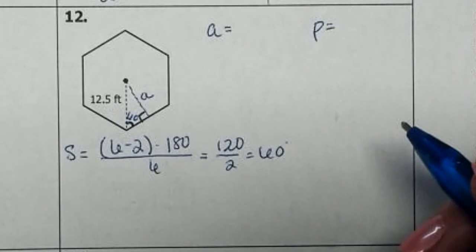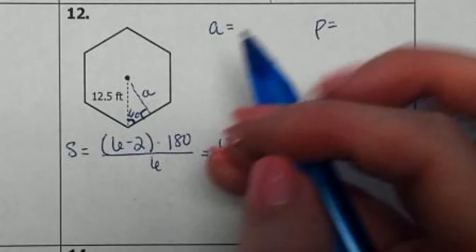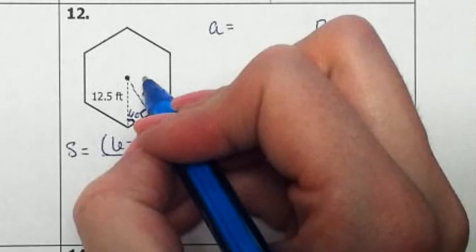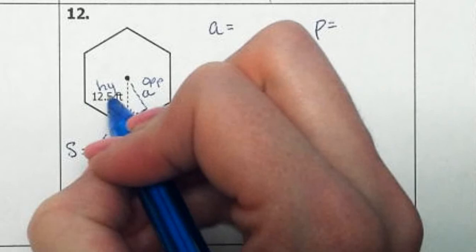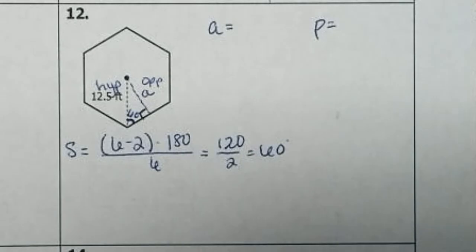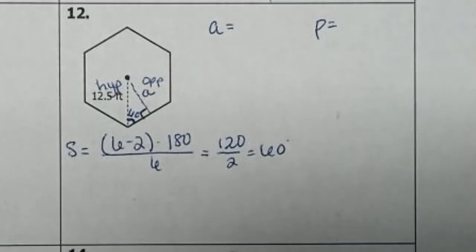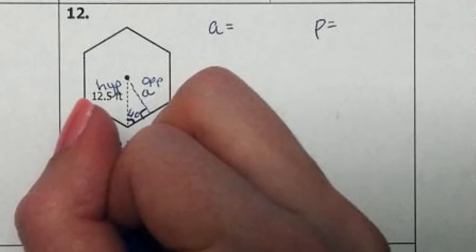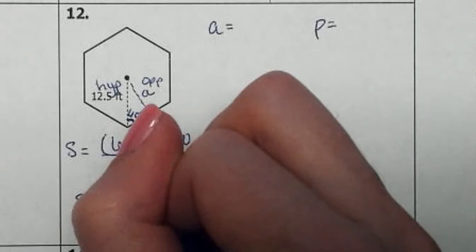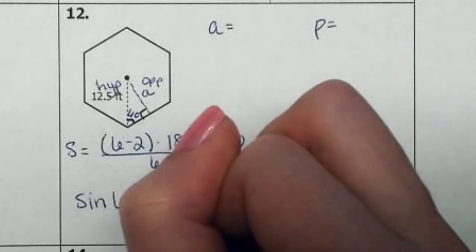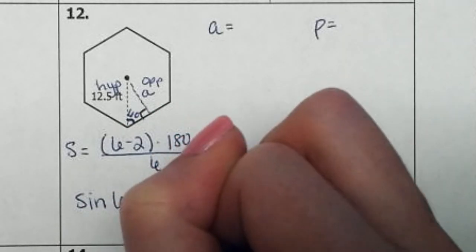So now I'm going to use trig again. Right across from it is the opposite, but this time this piece is the hypotenuse. It's across from the 90-degree angle. So the trig function that uses opposite and hypotenuse is sine. So I'm going to take sine of the angle, 60, equals opposite A over hypotenuse, 12.5.